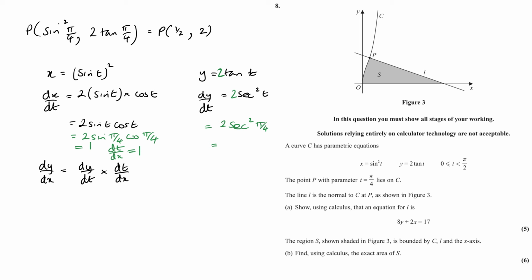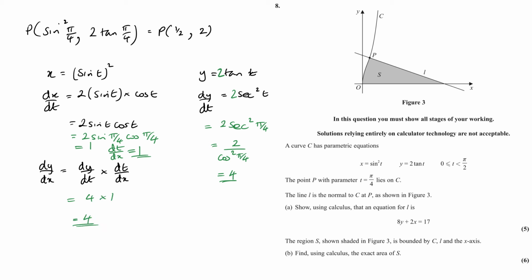Sec is obviously 1 over cos, so we're looking at 2 over cos pi by 4 squared. Cos pi by 4 squared is just a half. 2 divided by a half is 4. So those are our two values, which means we've got 4 times 1, which is 4.